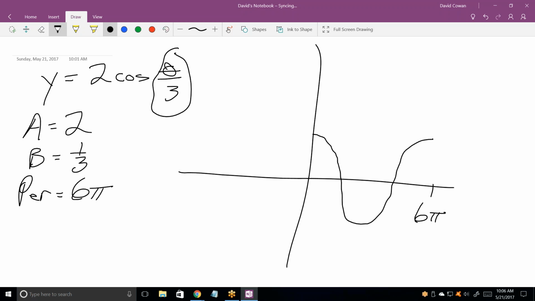Okay? And this is going to go up to, instead of 1, it'll go up to 2, and it'll go down to -2. Now, here's the most important part about graphing it. Once you've determined its starting spot and its ending spot for one period, what you have to do is quarter that up.